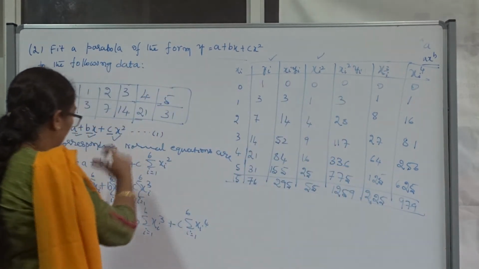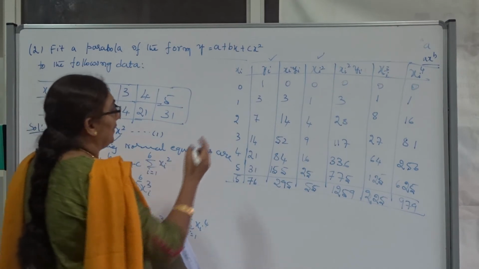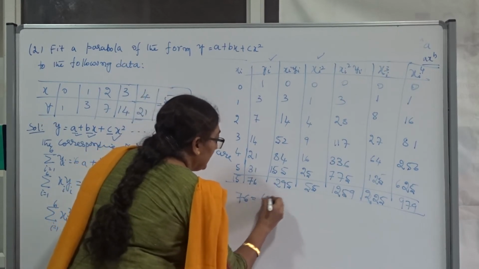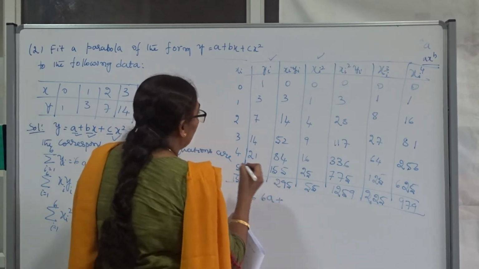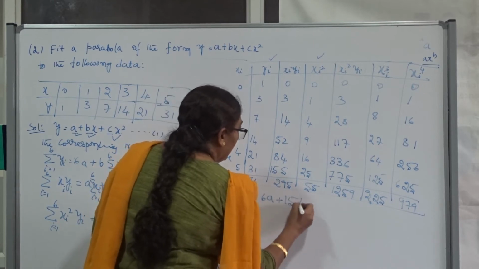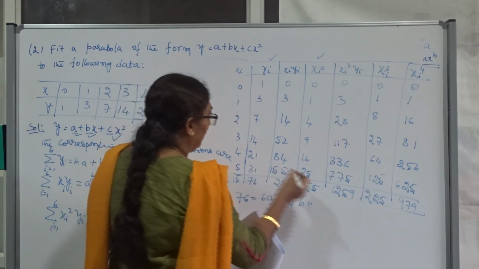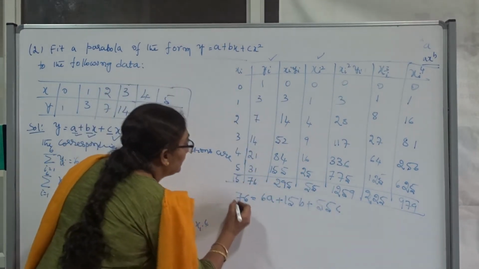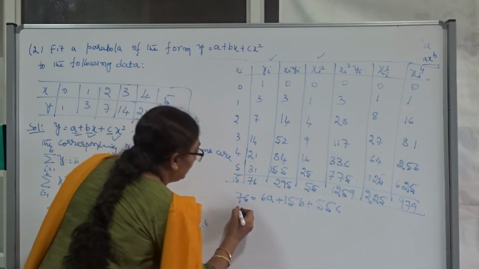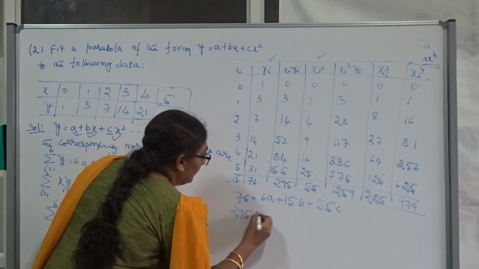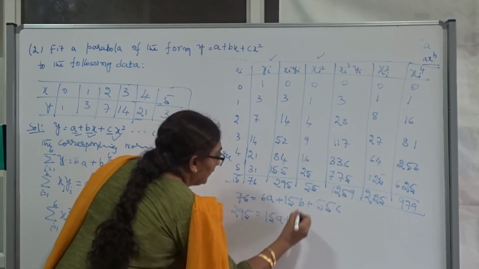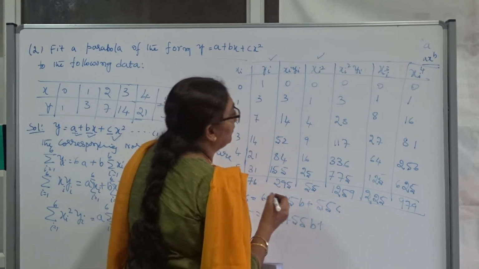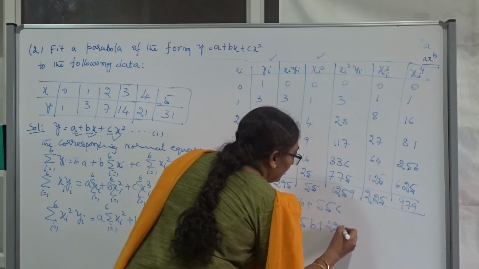Substitute these values in the normal equations. We get Σyi 76 equal to 6a plus Σxi, which is 15b, plus Σxi², which is 55c. And then Σxiyi is 295 equals 15a plus 55b plus Σxi³, which is 225c.